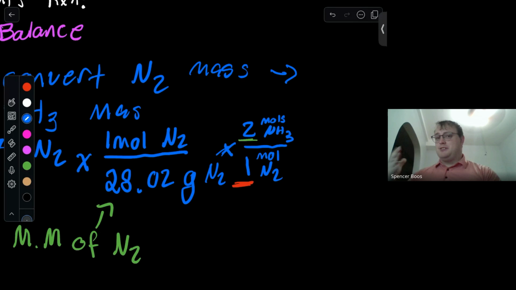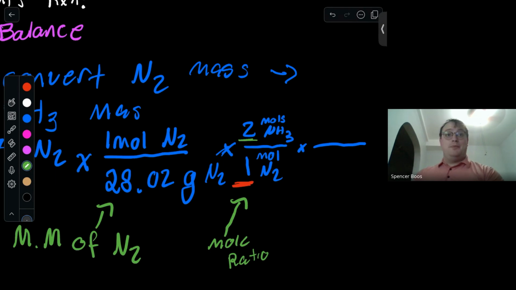Now, you may ask, am I done here? Should we give ourselves a pat on the back? You could be done here, but let's just finish this last step, so that we're in grams of NH3, so it's easy to compare which one's larger and smaller. So our last step is to multiply. We've already used the molar mass of N2, and we've used the mole ratio.